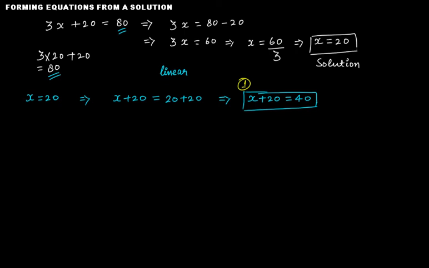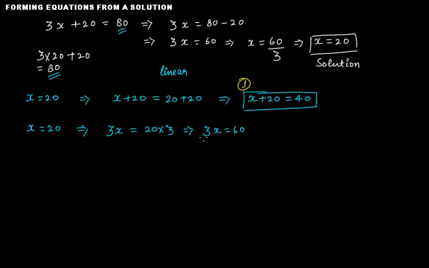So again we have x = 20. If you multiply both the sides by 3, so 3x = 20 times 3. This will become 3x = 60. And why did we multiply both the sides by 3? In order to maintain this equality. So 3x = 60.